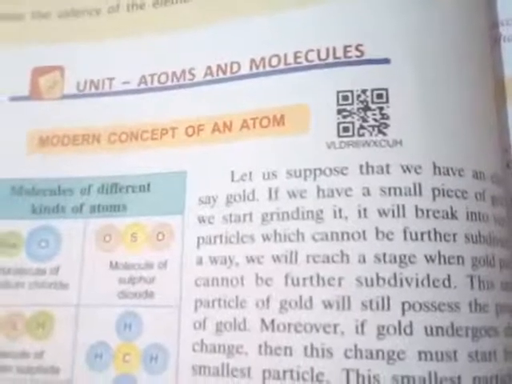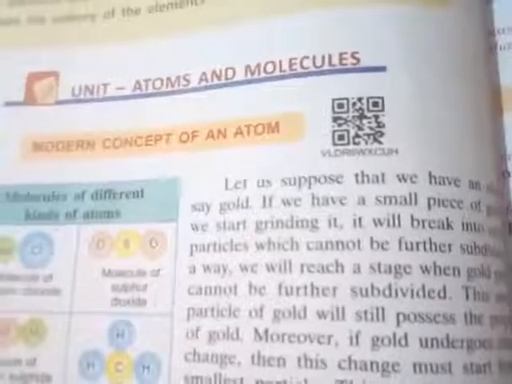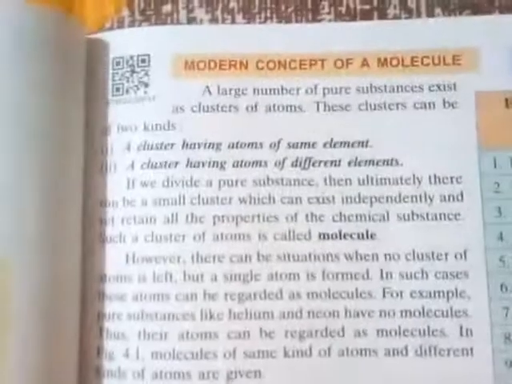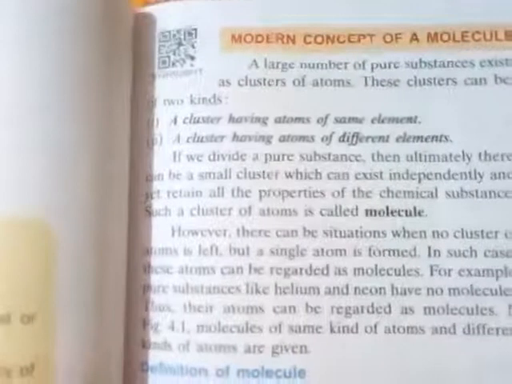That is basically the atom. And the other thing is the molecule. The simple knowledge is that a molecule is a combination of the same elements, or sometimes of different kinds of elements.